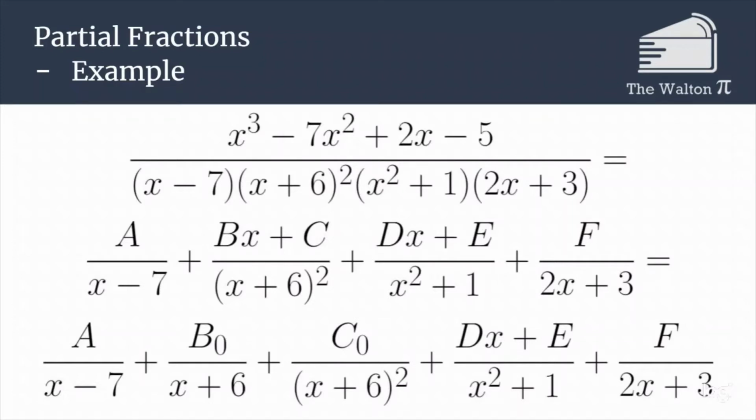So if it had been x plus 6 cubed, we would have a constant over x plus 6, a constant over x plus 6 squared, and another constant over x plus 6 cubed.